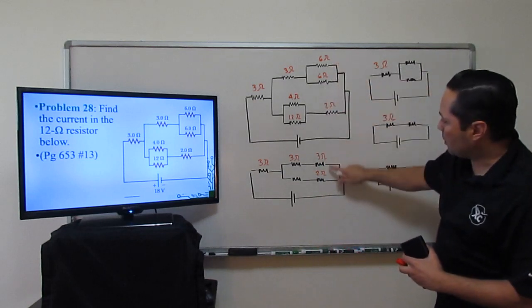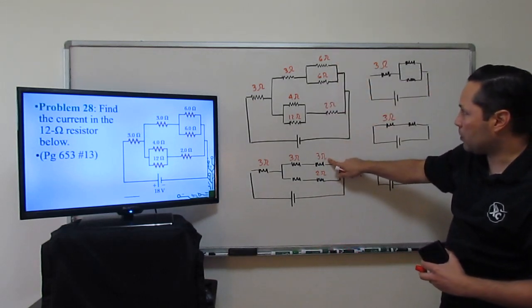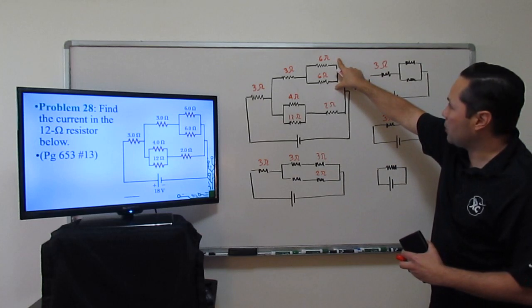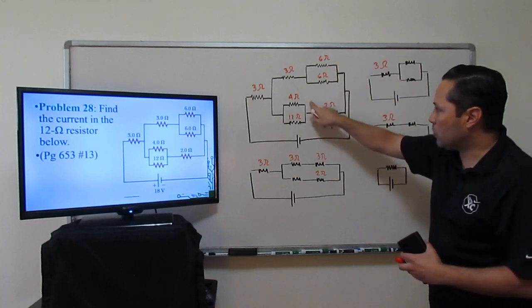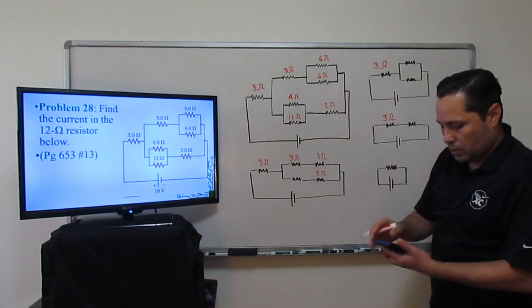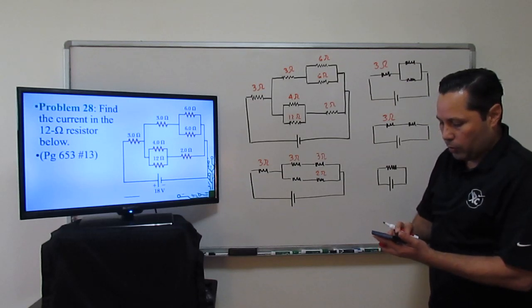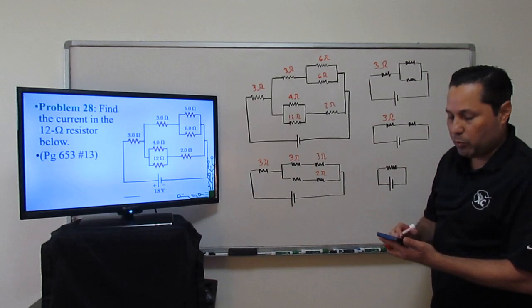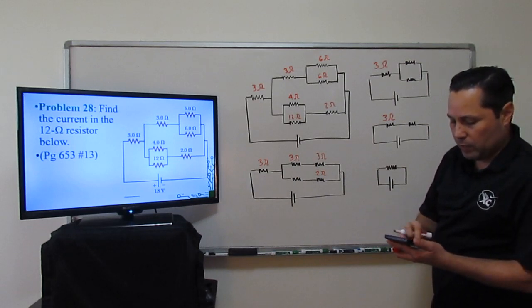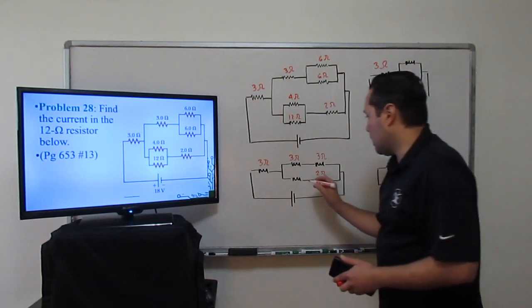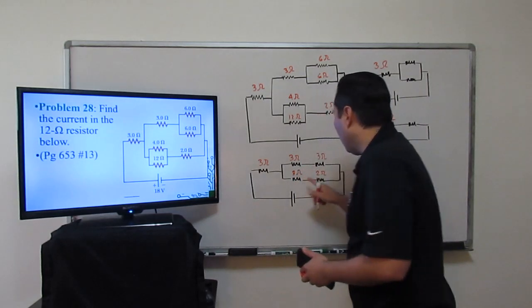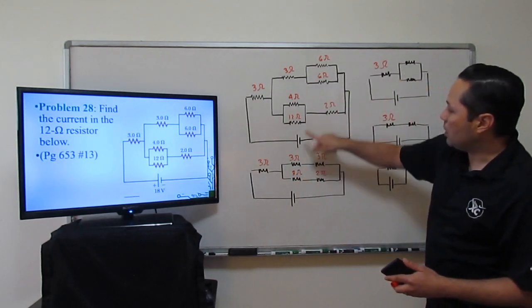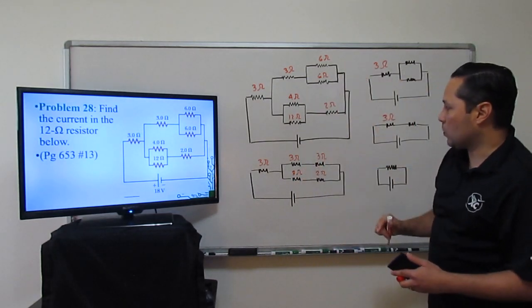That's the equivalent resistor for this section of the circuit that was in parallel. We're going to do the same right here. It's going to be 1 over 4 plus 1 over 12. And that's 0.333. Then we get the inverse of that, and that is 3 again. So it's 3 ohms. So this was 3 and that was 3 as well.